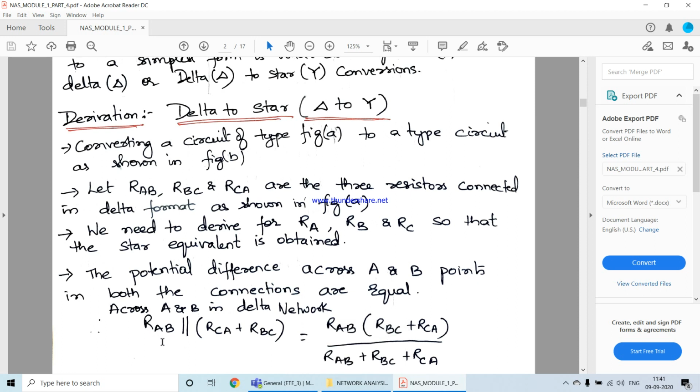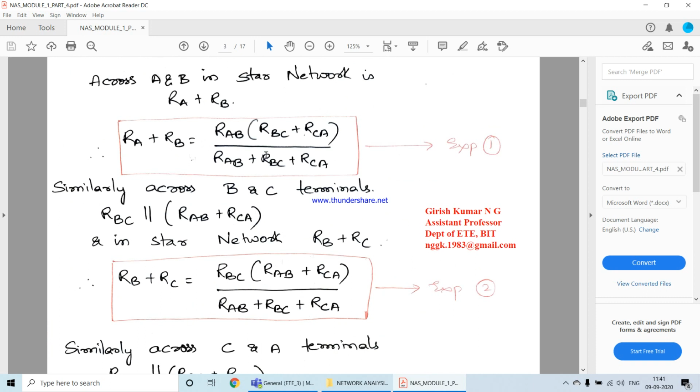Therefore here RAB is parallel with RCA plus RBC. Now across A and B in the star network is RA plus RB, which I told you already. Therefore the resistance across A and B in both delta and star are equal, so RA plus RB will be equal to RAB into RBC plus RCA divided by RAB plus RBC plus RCA.